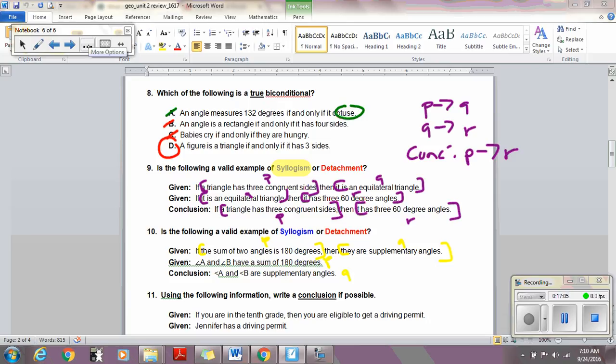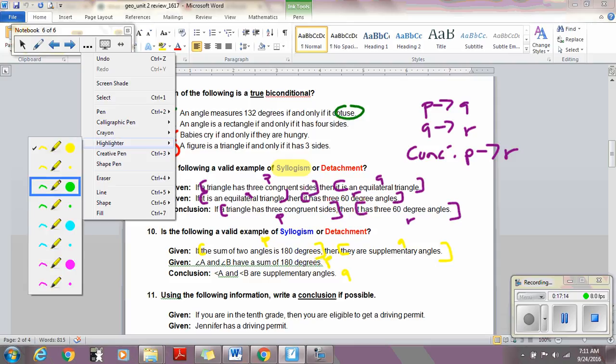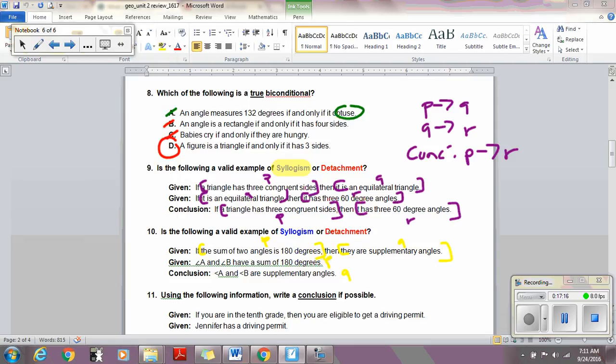So this is following the law of detachment. Right away, you should notice that from the patterns above, you need some new information in order for it to be syllogism. So we don't have that new information.